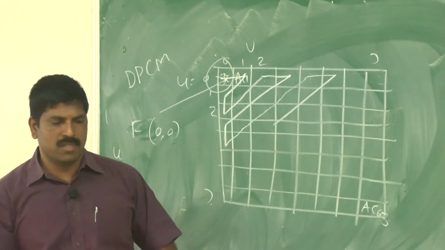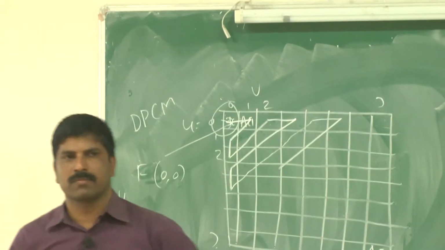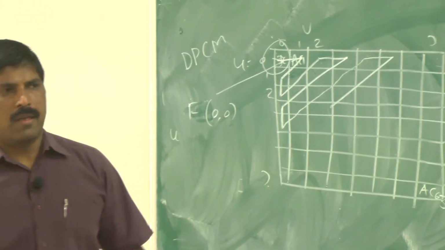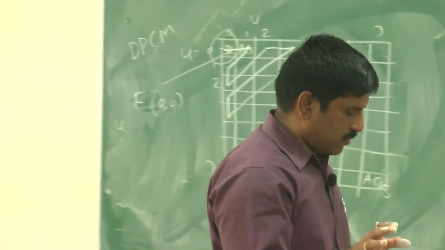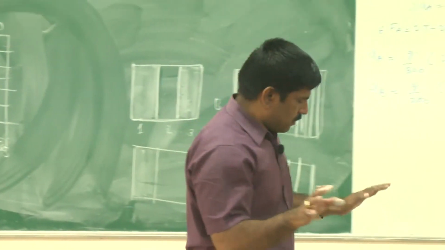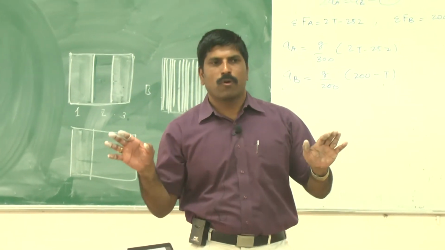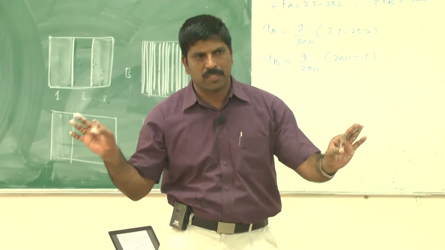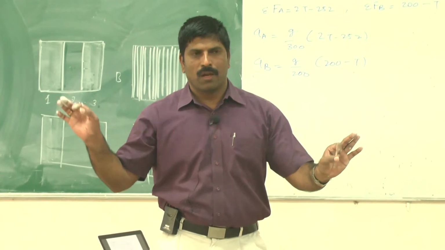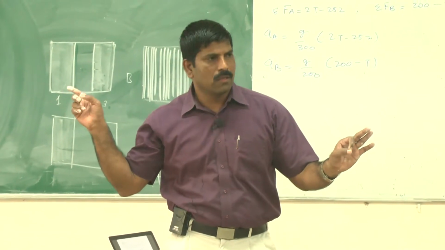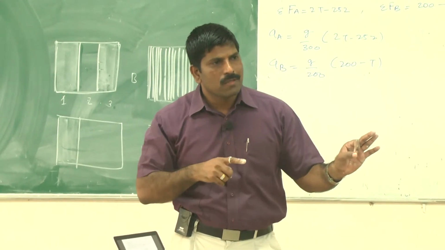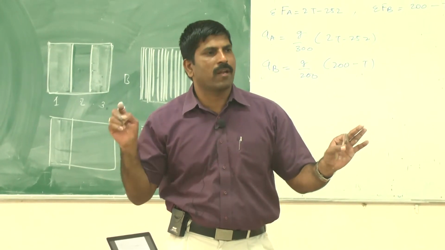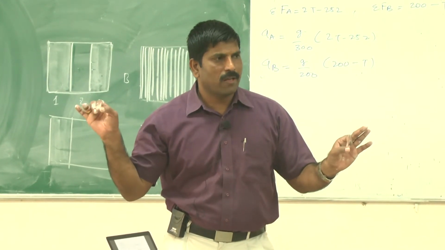Now, why is the zigzag manner used? I'll tell you the reason. First assume that for DC coding they use DPCM, and for AC coefficients they use RLC, and in RLC we scan in a zigzag manner, not in a sequential manner. Why?